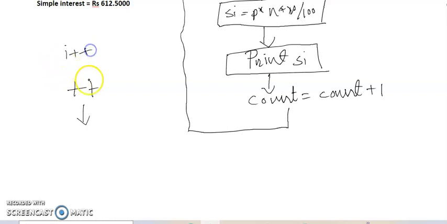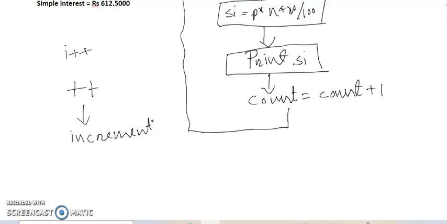Okay, i plus plus is increment. I will discuss it in my next video, when I discuss the for loop. I will publish the for loop video very soon. So that plus plus is increment.